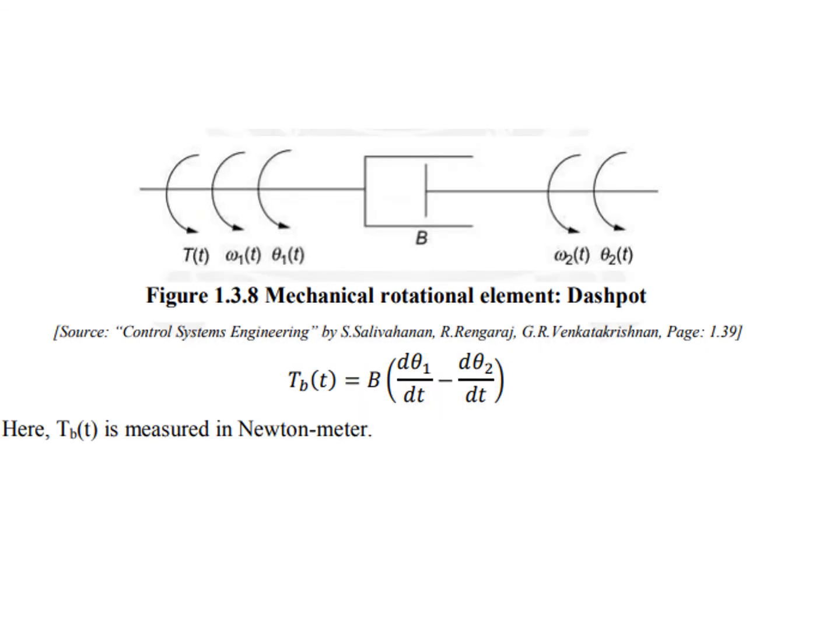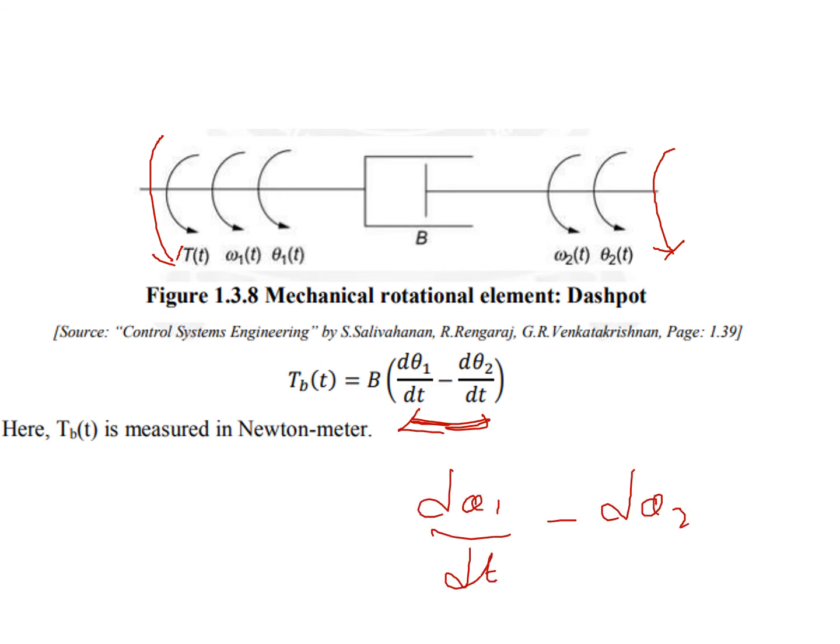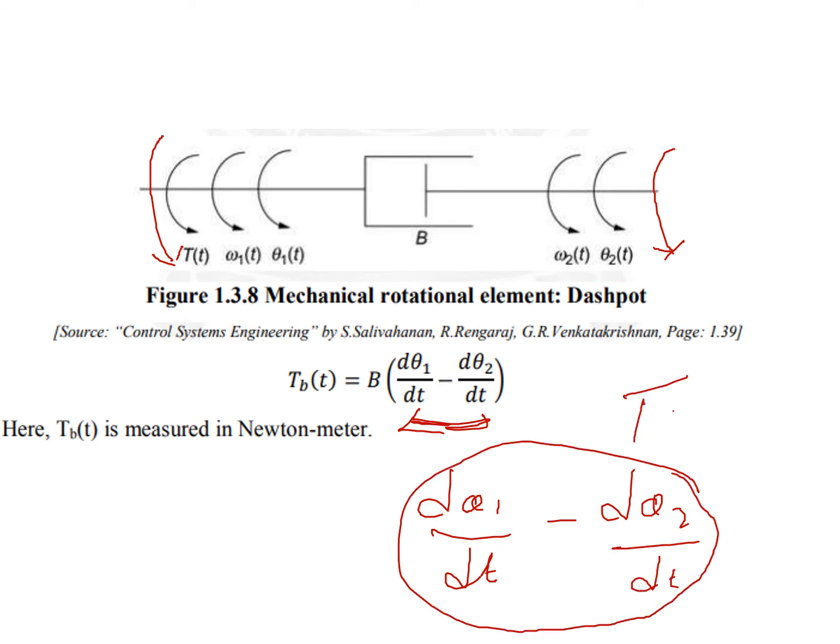In case the dashpot experiences rotation on both sides, then the difference between d theta 1 by dt and d theta 2 by dt is the net force, sorry, not force, torque. We are talking about torque. This is the net torque that the dashpot will be experiencing.